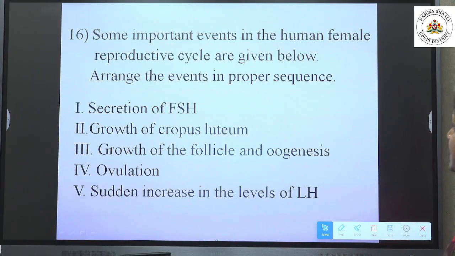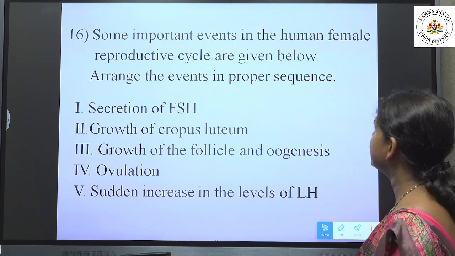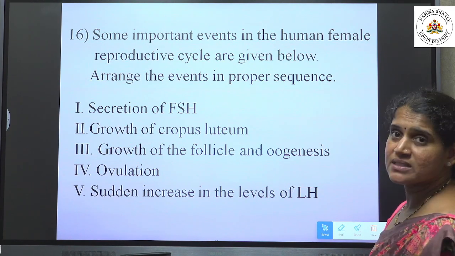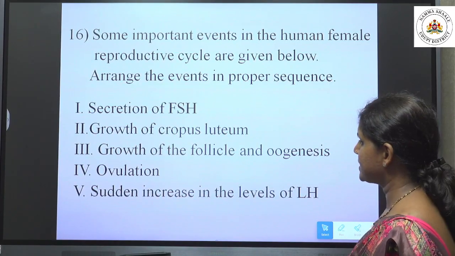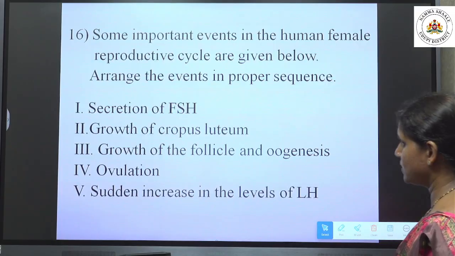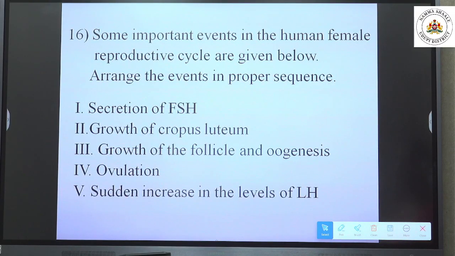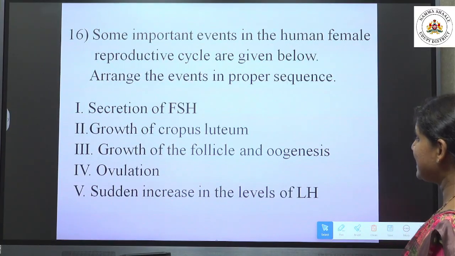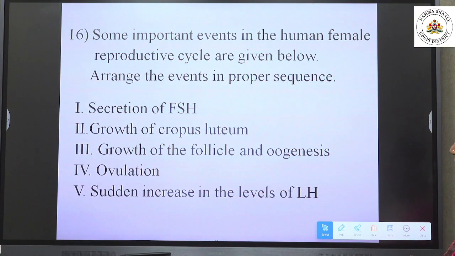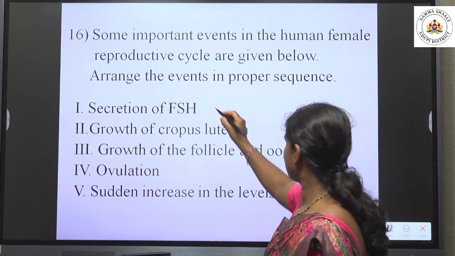Next question. Some important events in the human female reproductive cycle are given below. Arrange the events in a proper sequence. Secretion of FSH, growth of corpus luteum, growth of the follicles and oogenesis, ovulation, sudden increase in the level of LH.